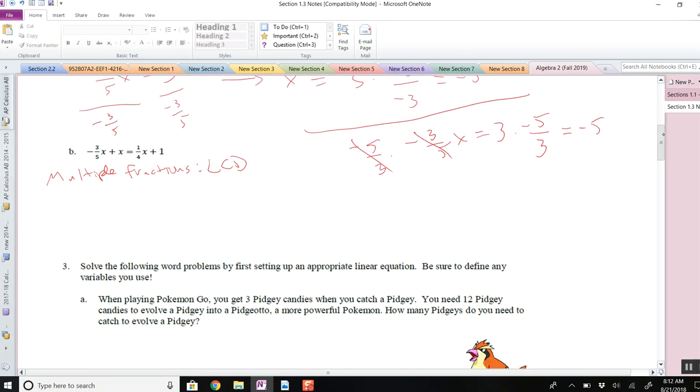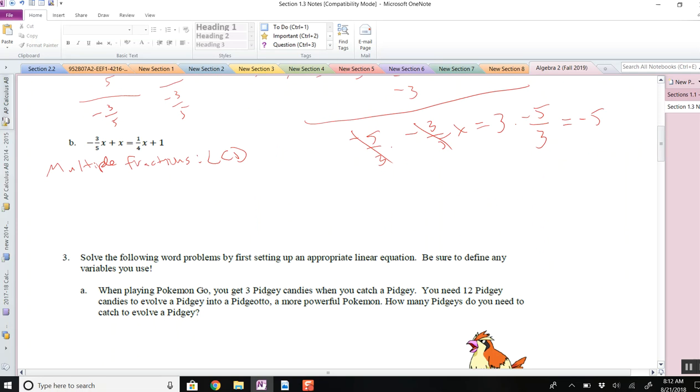The reason why that's a good idea is that if you multiply everything, not just the fractions, but every term by the LCD, which in our case is going to be 20, that's the least common multiple of 5 and 4. So if everything gets multiplied by 20, you can actually wipe away all the fractions in one swift stroke. And the reason why that's nice is that it makes the math easier.